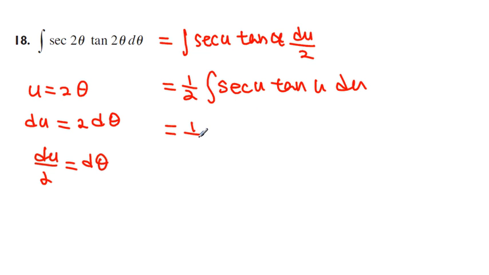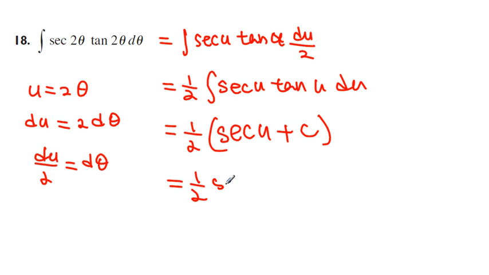That's right. It is in fact the derivative of secant u, plus c. Now then it becomes 1/2 secant u, in this case u was 2 theta, and plus c becomes our final answer.